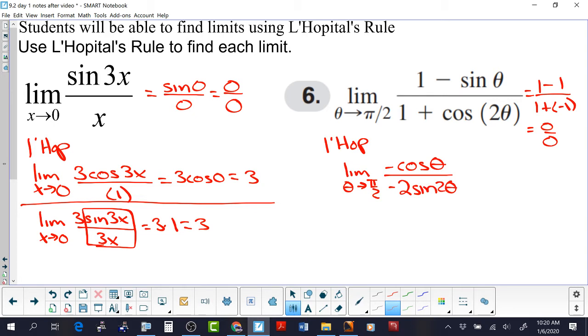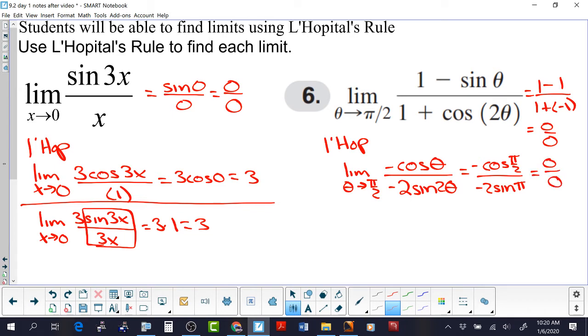The ones go away. Derivative of 1 is 0. Let's plug pi over 2 in. Cosine of pi over 2 over negative 2 sine of pi. We plug pi over 2 in, cancels out with the other 2.